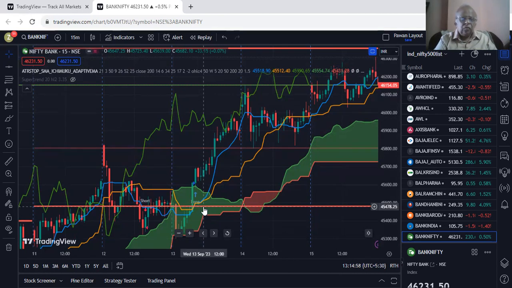So one should wait that at least Tenkan-sen should cross the Kijun-sen. This is the basic criteria when the crossover is seen within the cloud. Rest of the principle is the same.